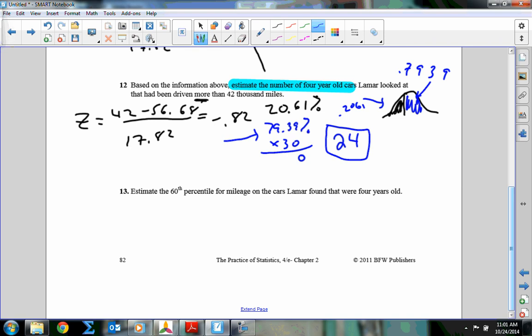Alright, number 13 says to estimate the 60th percentile for mileage on the cars Lamar found that were 4 years old. So we're still dealing with the 4-year-olds. There's my curve. The 60th percentile means I'm going to have 0.6 in here. And so you can't see it, but right now I'm doing the inverse norm of 0.6, and I get a z-score of 0.25.